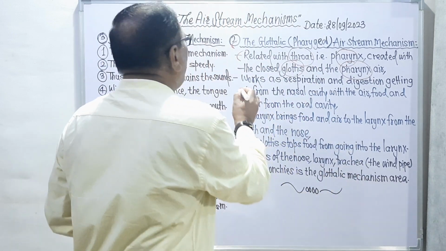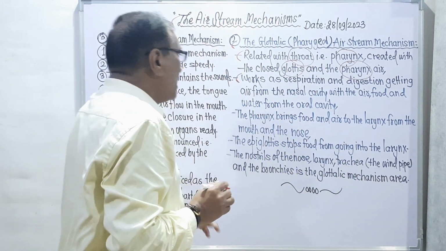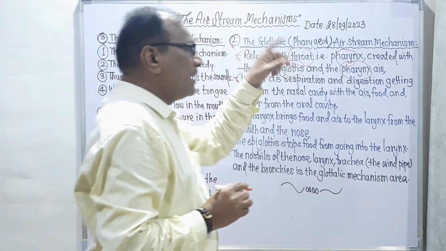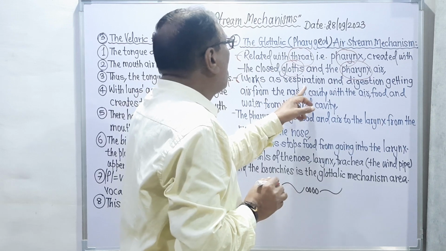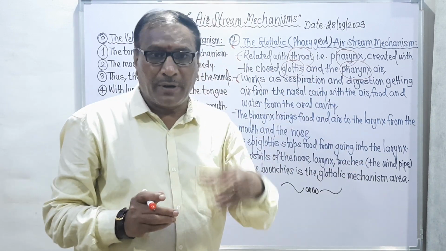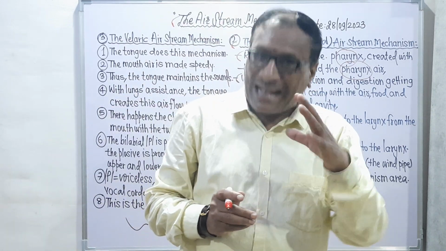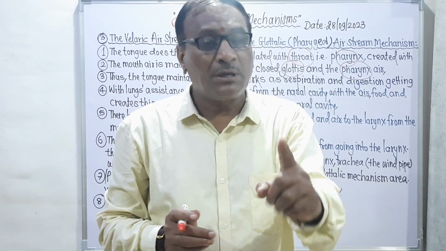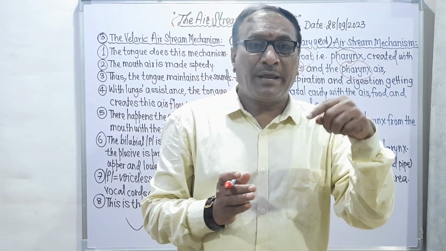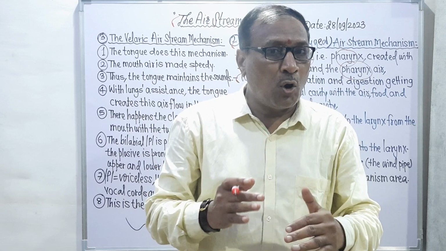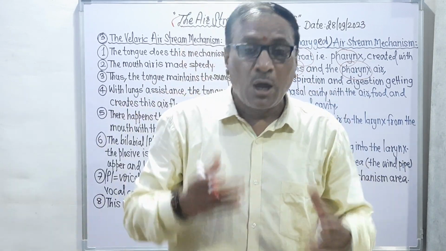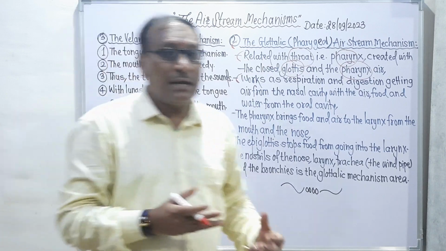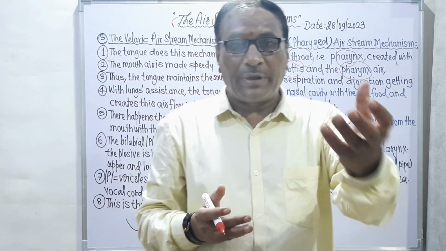The next point I will discuss is that this glottalic airstream mechanism works as respiration. Remember, this is the mechanism which is about the respiratory system. Respiratory system means the systems which are related to our breathing.